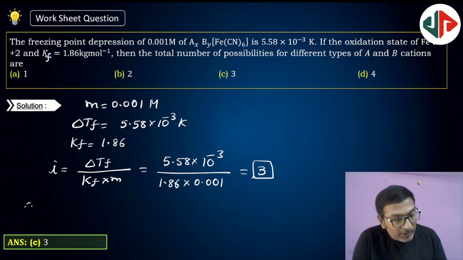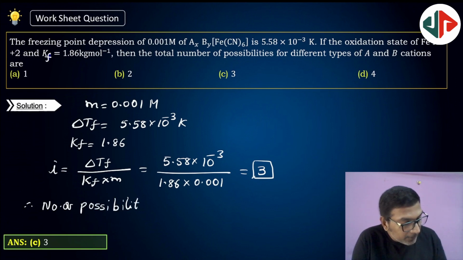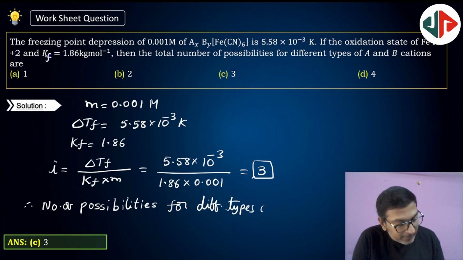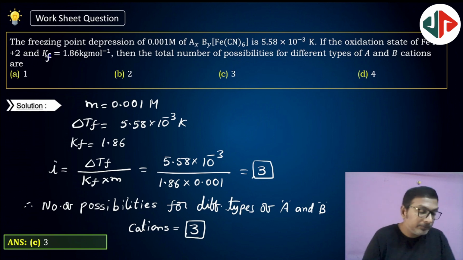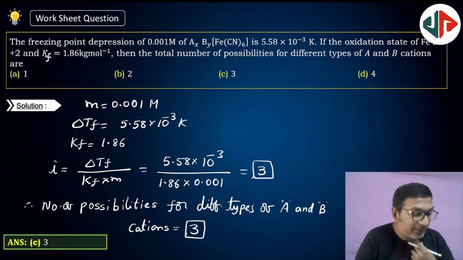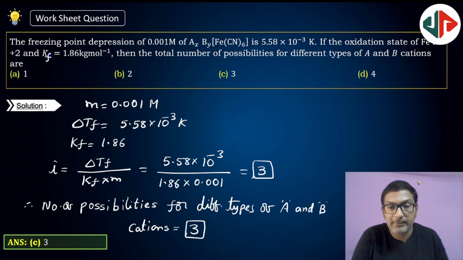So therefore number of possibilities for different types of A and B cations equal to 3. So very important. That means simply i value.